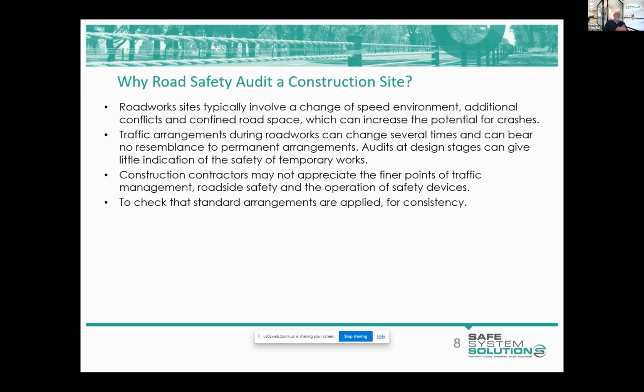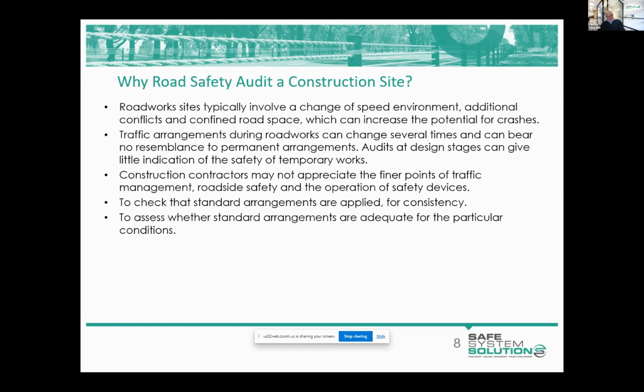But once the traffic is through that work site, we let them know that that's finished. So it's putting it in those terms that even as road safety auditors, we have that in the back of our mind to ensure that all those steps are being managed to ensure that the site is being managed safely.